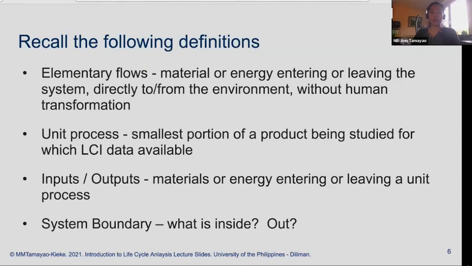Okay, and before we proceed, let's just recall the following definitions. First, elementary flows. These are material or energy entering or leaving the system, and they directly come from or to the environment, and they don't undergo any human transformation.